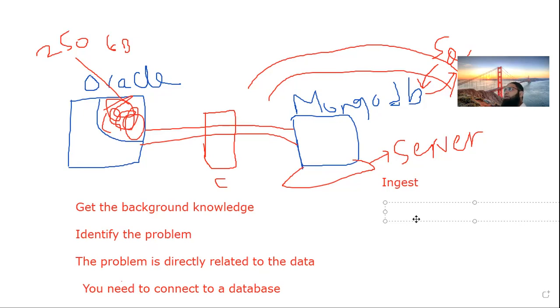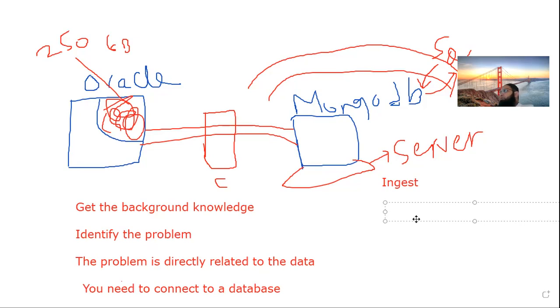So each day, at what time should I make the connection? How much data should I get? And I also maintain the record. What happened last time? So ingestion means you need to connect to a database and then get the data from there. It has 2 to 3 different parameters which you need to identify in a data governance policy.